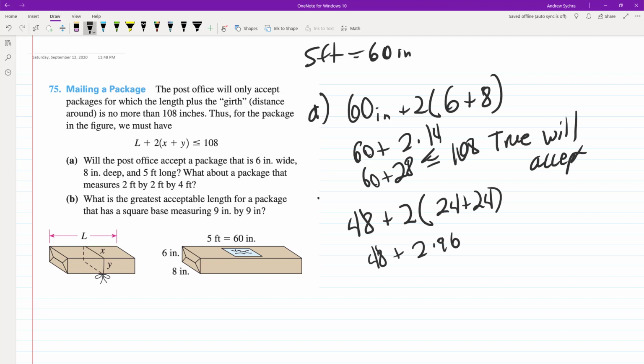What about the second part? No, because that's 96 plus 48, which is going to be 144, which is not less than 108. Okay.